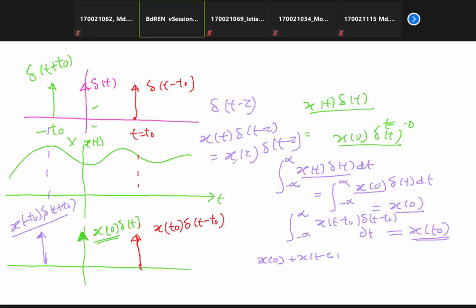Now if we express the thing in this way and integrate it, we will be getting x(tau), isn't it? So if we integrate from minus infinity to any time t, with signal value x(tau), multiplying by delta(t minus tau) and integrating with respect to tau, you will get your total signal.